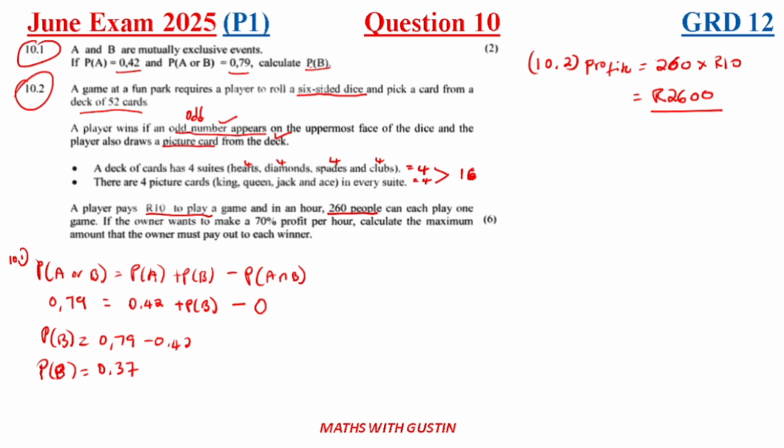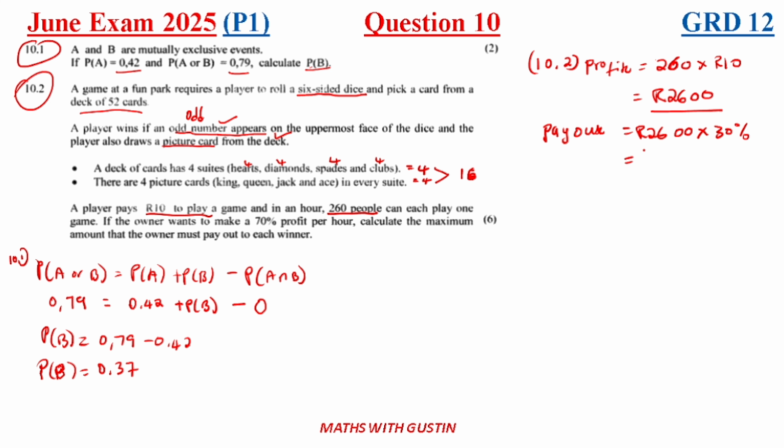However, the owner wants to keep 70%, so therefore it means what? He is paying out how much? 30%. So this will be the total payout. This is how much he's going to pay out. He's going to pay 30% of this because he's willing to keep 70%.